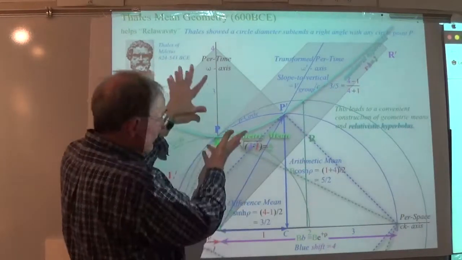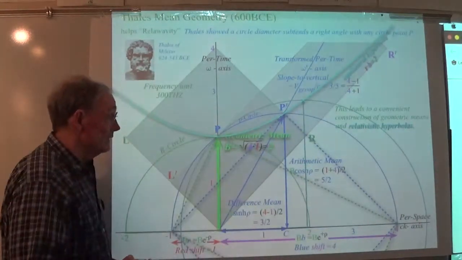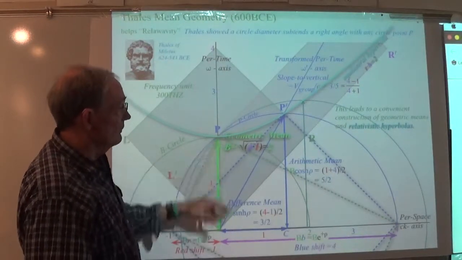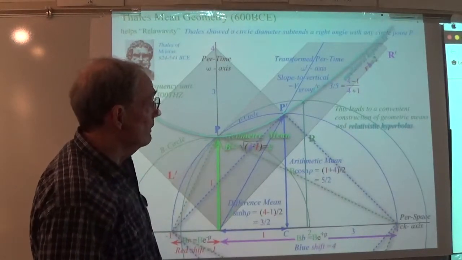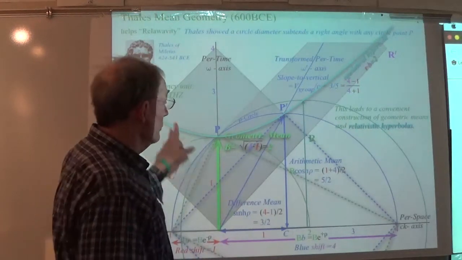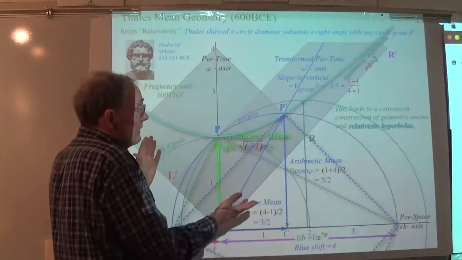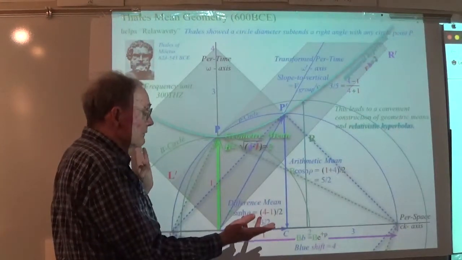And that is the beginning of quantum mechanics right there. This is MC squared right here. So that's what's coming very shortly here. But that is really important, this particular thing. So what this is telling us, Thales knows how to make a hyperbola real well.